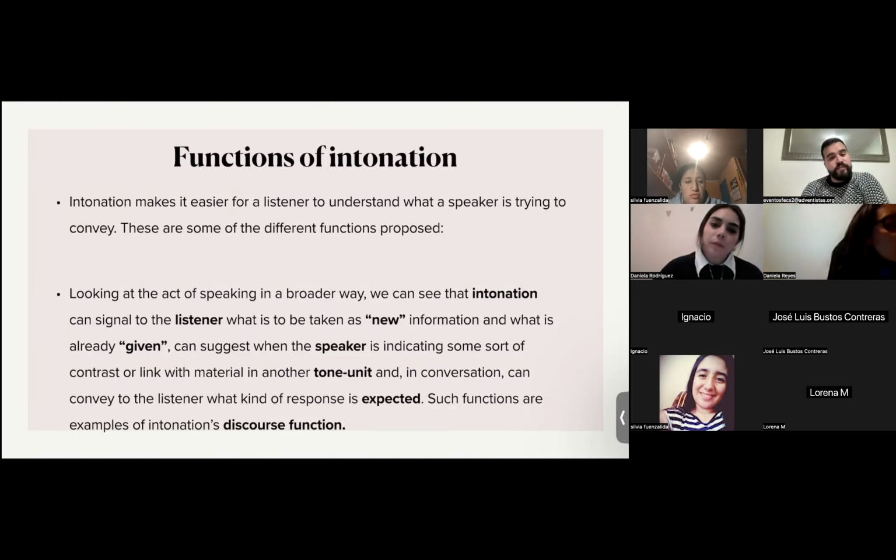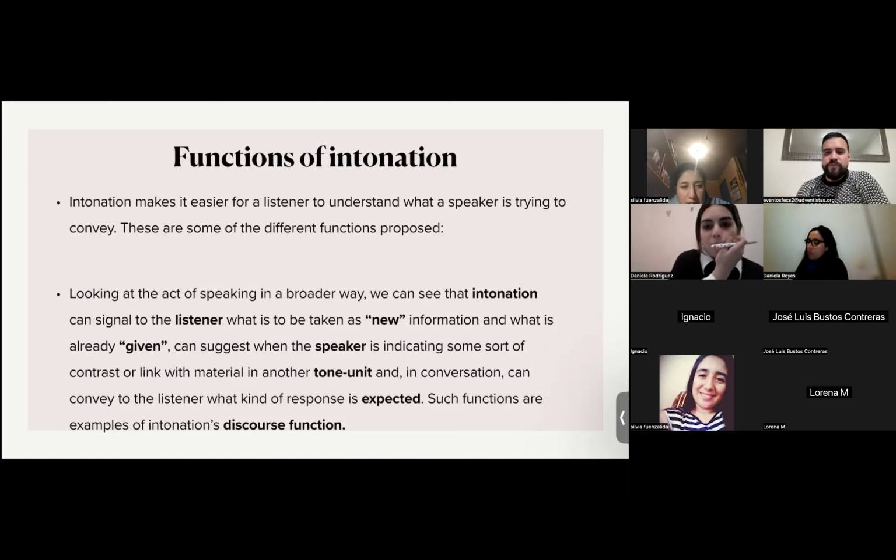And in conversation, it can convey to the listener what kind of response is expected. If I'm surprised, if I'm bored, if I'm excited about something, if I'm very happy. And that function is what we call the discourse function.